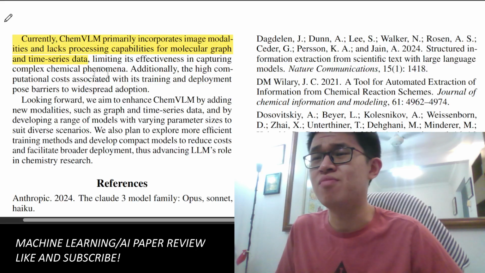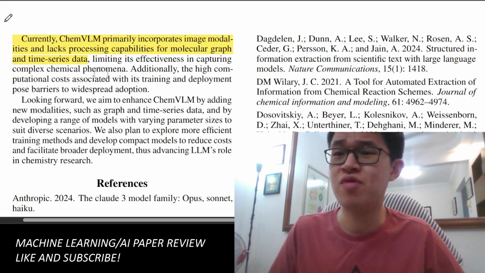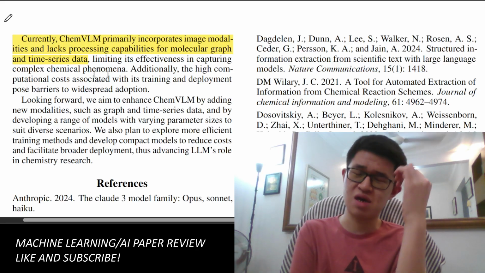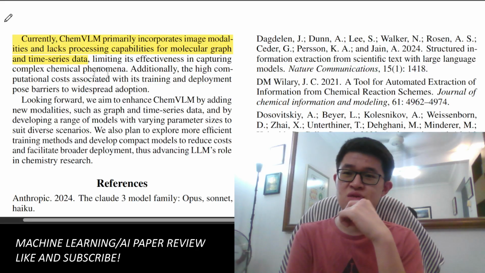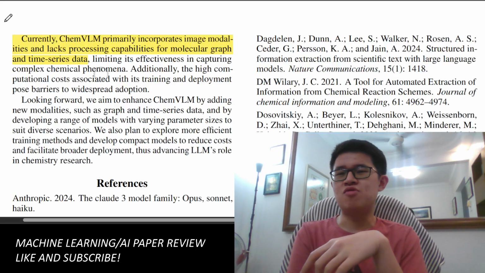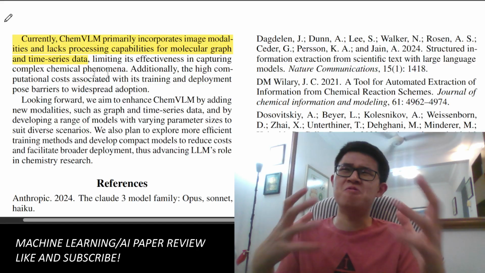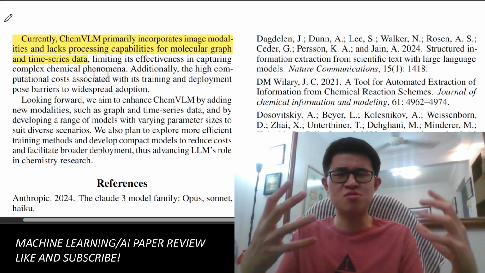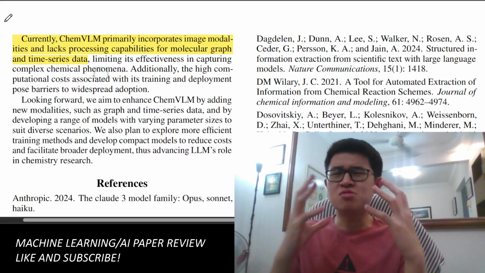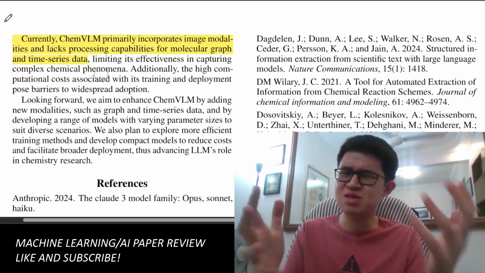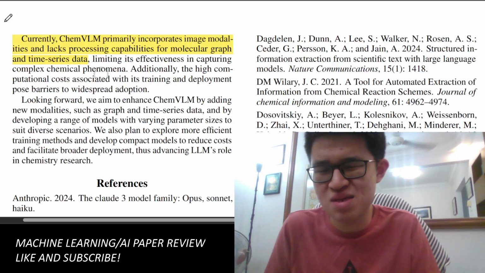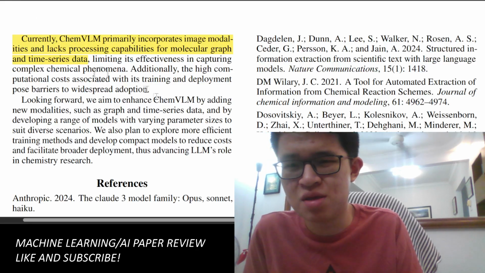But for something like molecular property prediction, when you're talking about time series data, it kind of reminds me of molecular dynamics simulation. So maybe a multimodal chemistry model that can also understand MD simulation trajectories in that sense. That could be possible.